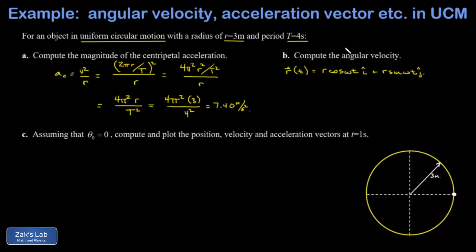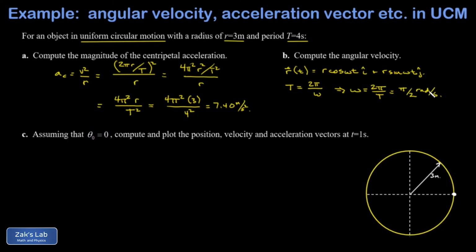The omega there stands for the angular velocity. And I know the period is going to be 2 pi divided by the coefficient of t in those trig functions. So this is how you relate the period and the angular velocity. And I find that omega is equal to 2 pi over T, but my period was 4. And that means omega simplifies to pi over 2, and the units on that are radians per second.